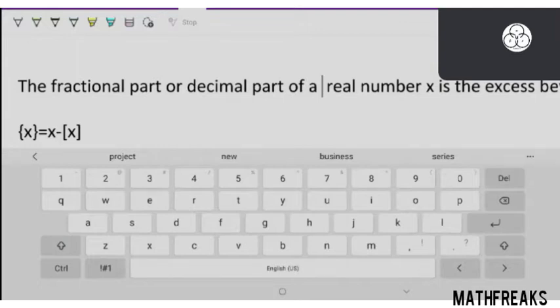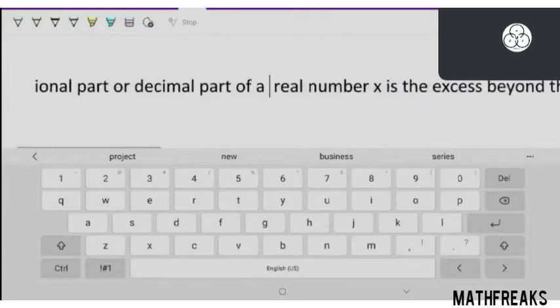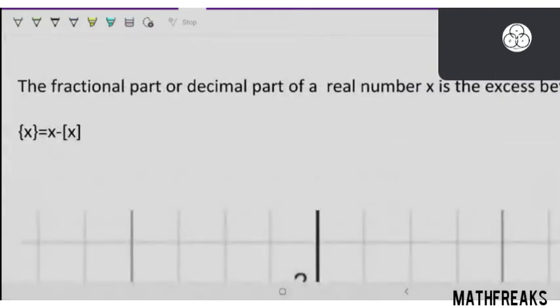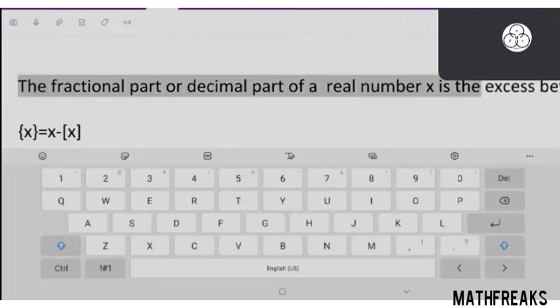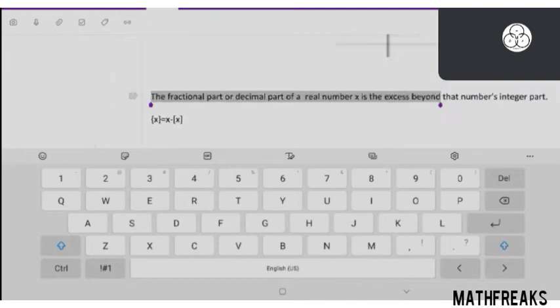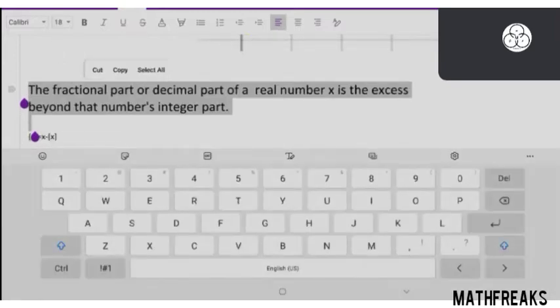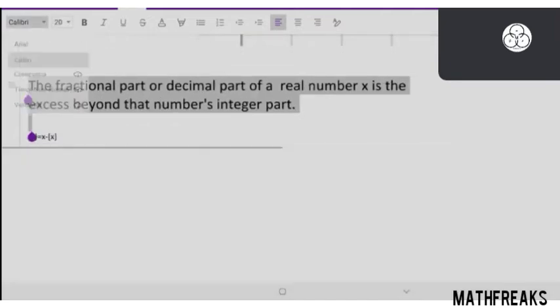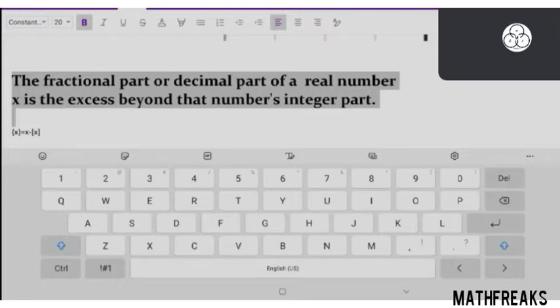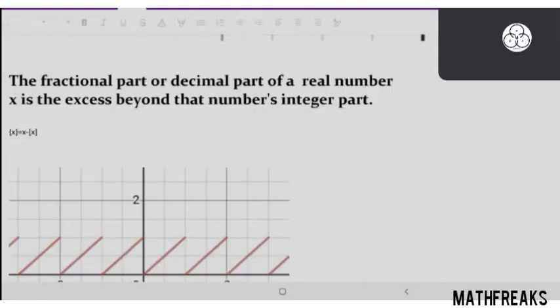The fractional part or decimal part of a real number x is the excess beyond that number's integer part. So now it's correct.